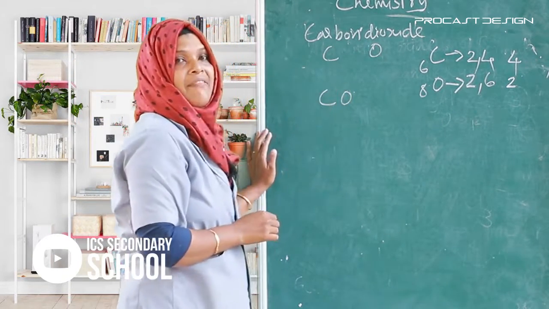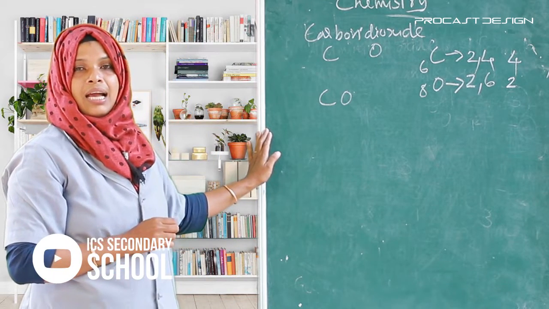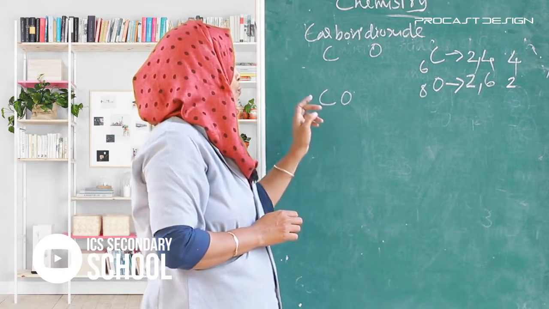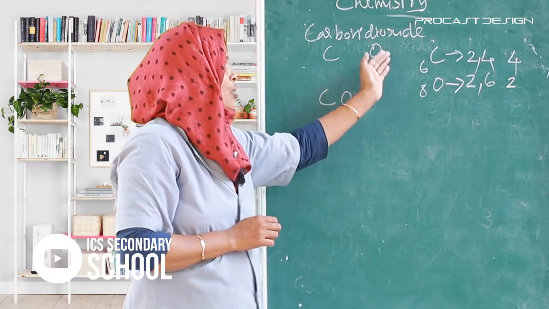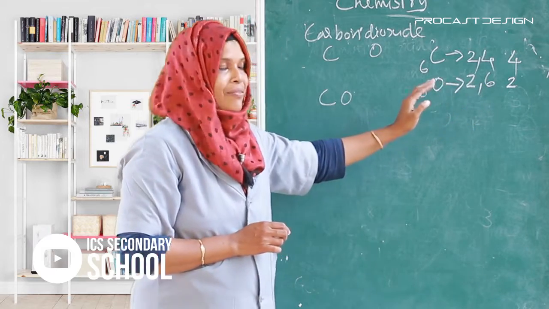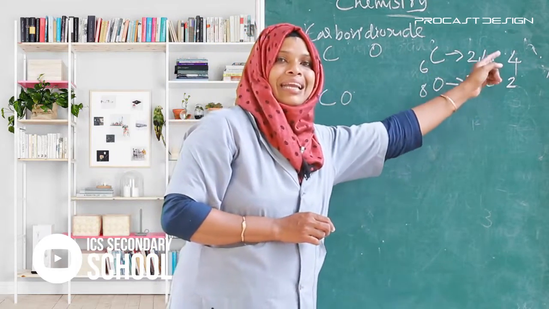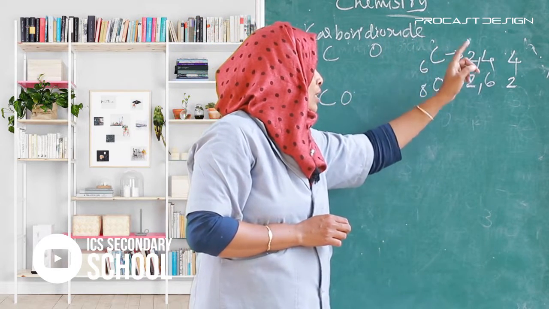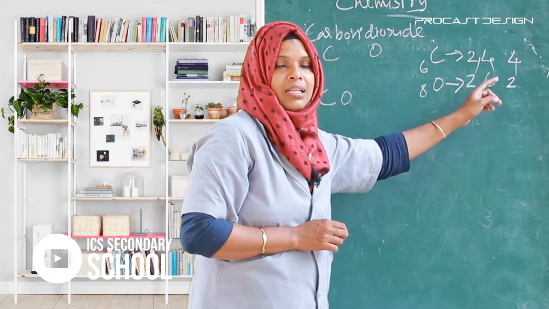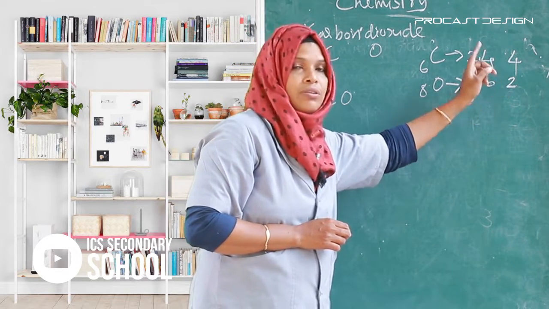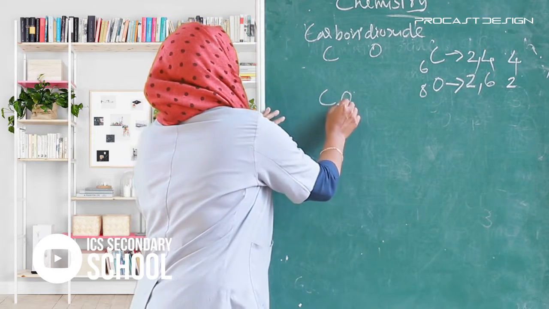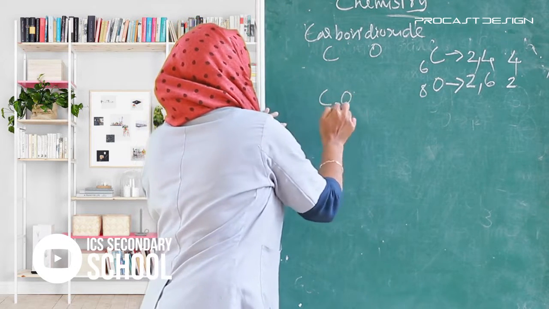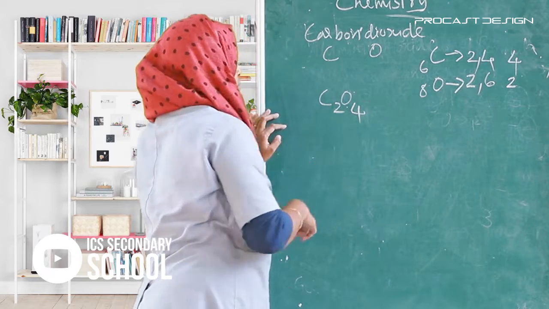Then interchange the valency and write at the base index. The valency of carbon is 4 and valency of oxygen is 2. Put the valency of carbon to oxygen and the valency of oxygen to carbon. Here 2 and 4.